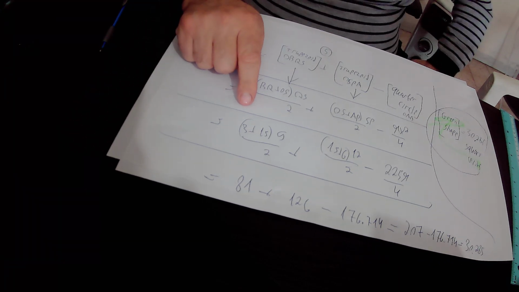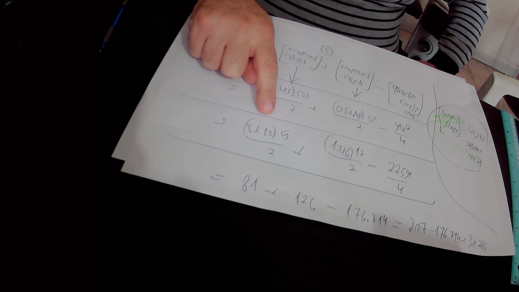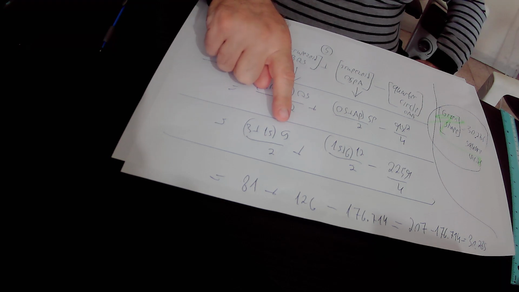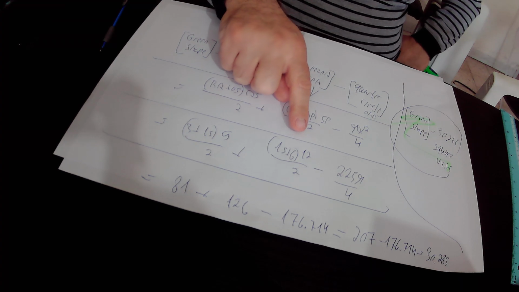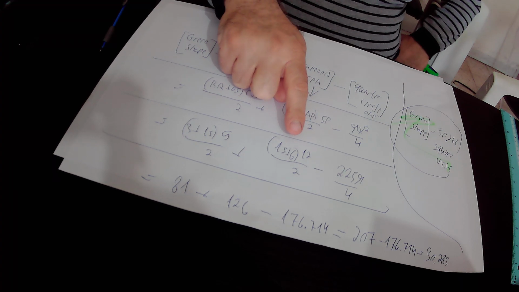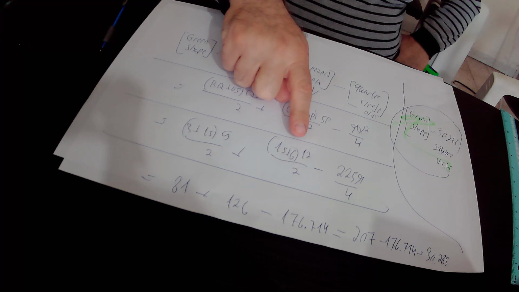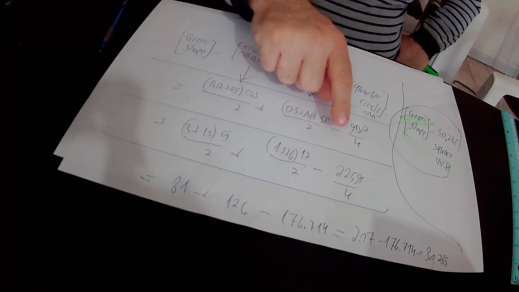Here 3 plus 15 is 18. 18 over 2 is 9, and 9 times 9 is 81. Here we have 15 plus 6 is 21, times 12 over 2 which is 6. 21 times 6 is 126.